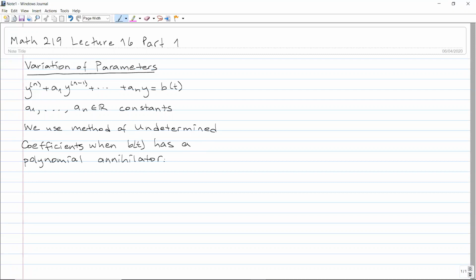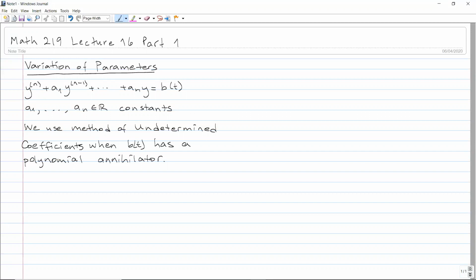We did this in lecture 15, the method of undetermined coefficients. But in order to use this method, the function b(t) must have a polynomial annihilator, meaning the function b(t) has to be of a certain form: a linear combination of functions of the form polynomials, exponential, sine, cosine, products and linear combinations of the products.